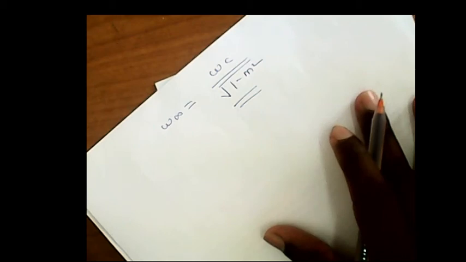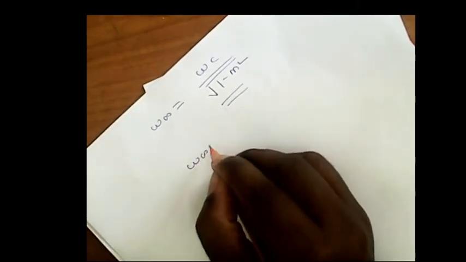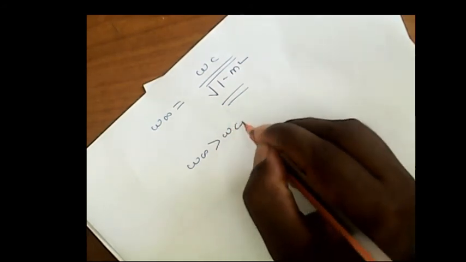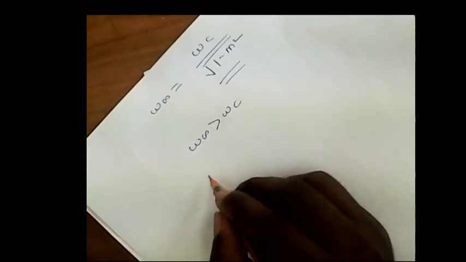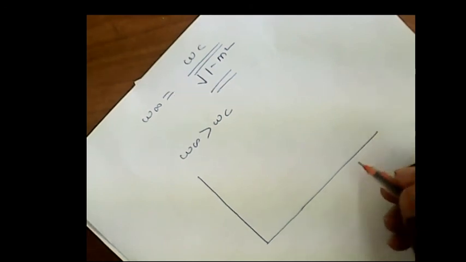Physically, the pole of attenuation is caused by the resonance of the series LC resonator in the shunt arm of the T section. It is easily verified that the resonant frequency of the LC resonator is at omega infinity, which indicates that omega infinity is greater than omega c. So we can shift the pole to a point after the cutoff frequency.